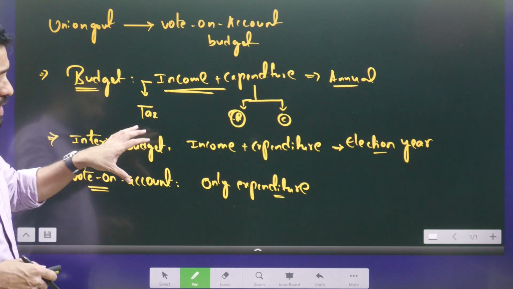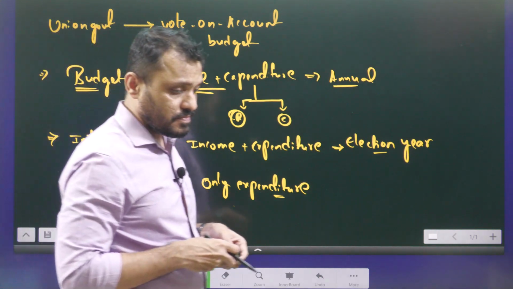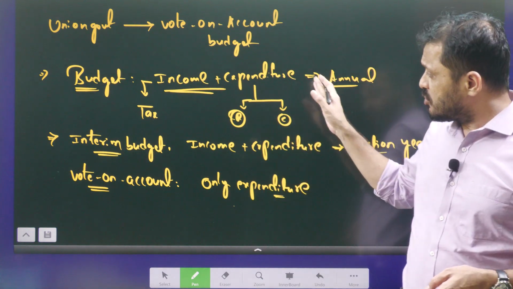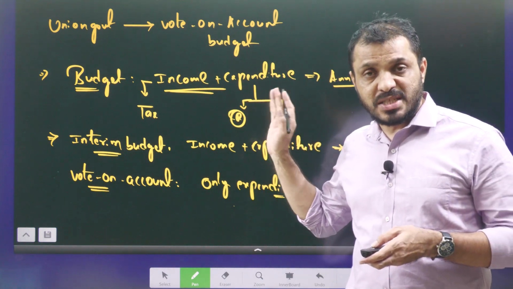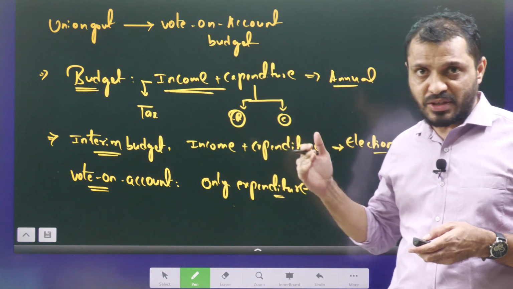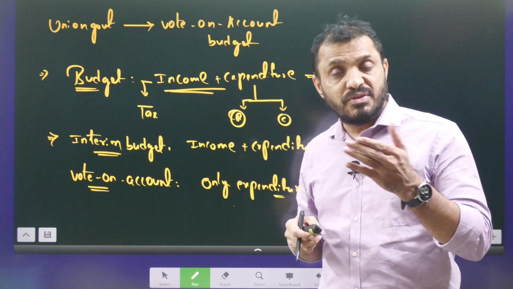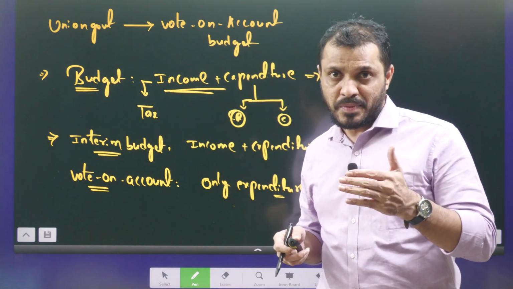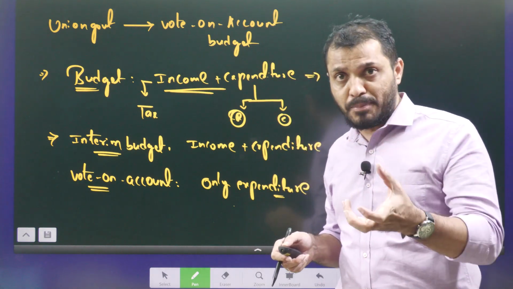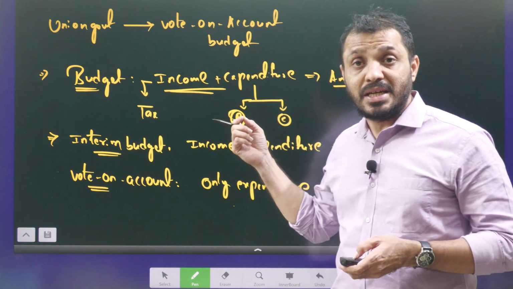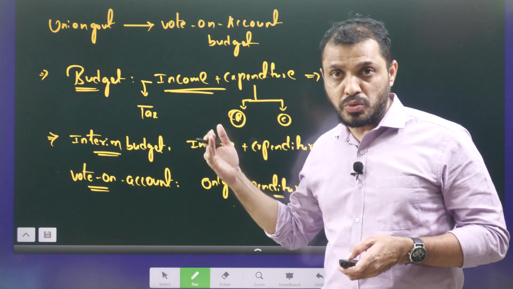Previously, a few years back, the annual budget used to be introduced on the first working day of March. By the time the budget got passed, it would be around 15th of April or the end of April. After all the approvals, money from the budget used to be released by May and June.